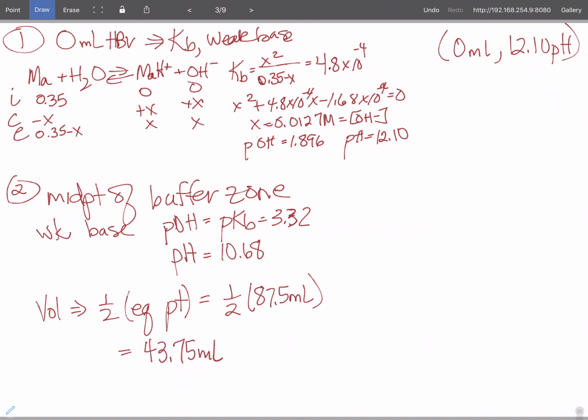So our point here for our volume is 43.75 milliliters of the acid, and our pH is 10.68. Now, much like the previous one where we started low and kept going up, this one was starting high and we keep going down. So we got the first 2 points, so we need our third point.